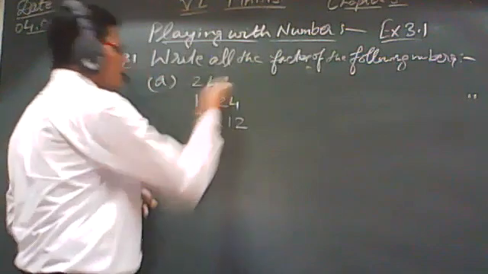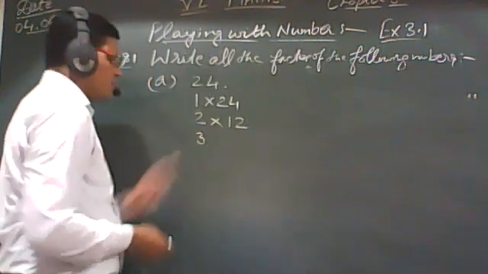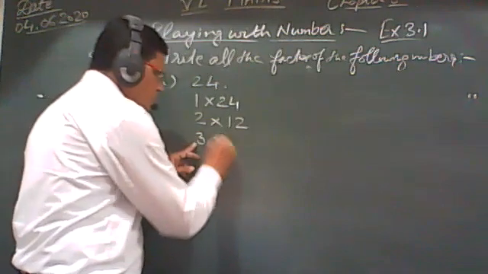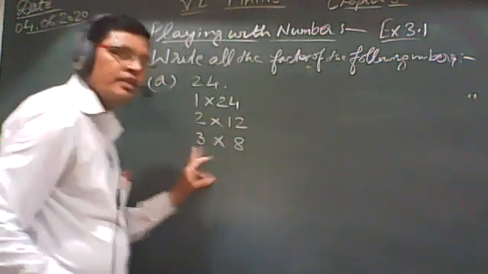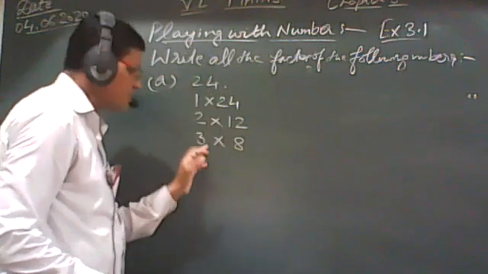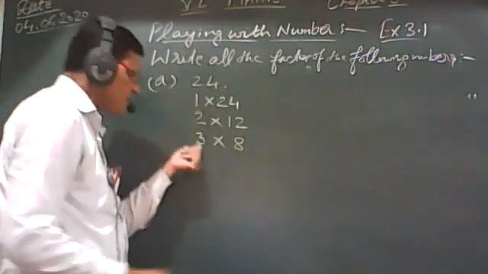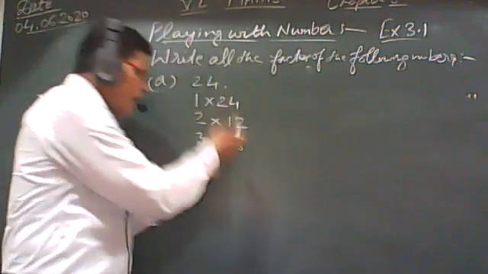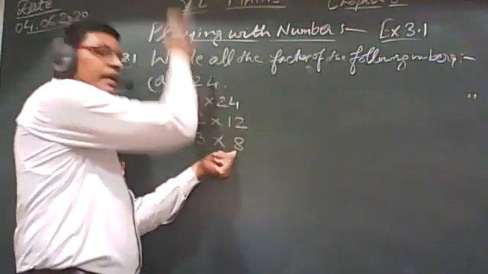Similarly, start 3. 3 into 8. 3 8s are 24. That means 24 is exactly divisible by 3, and 24 is exactly divisible by 8 also.